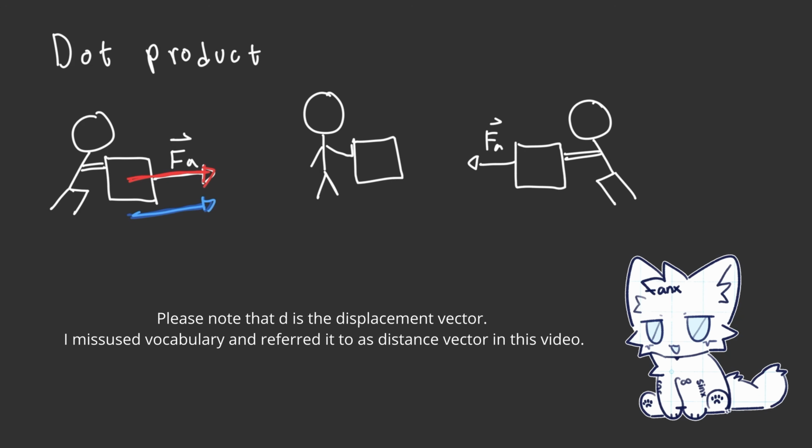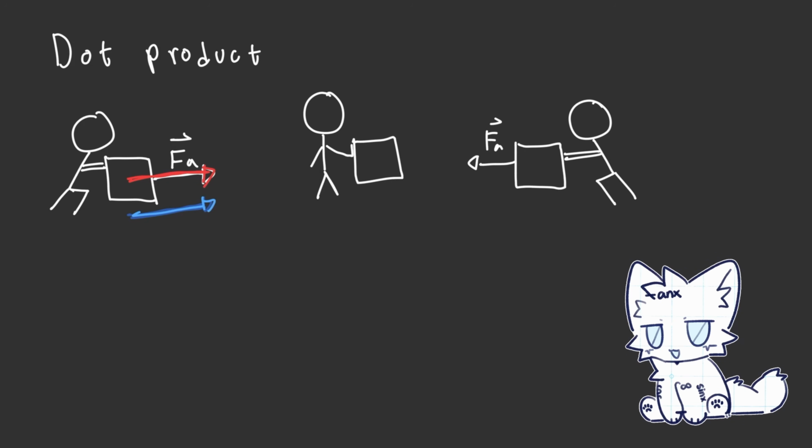Now, let's say you are pushing perpendicular and you want to push the box this direction. Well, these are perpendicular. There's no alignment. So how are you going to push it to the right when you're pushing up? It doesn't make sense.